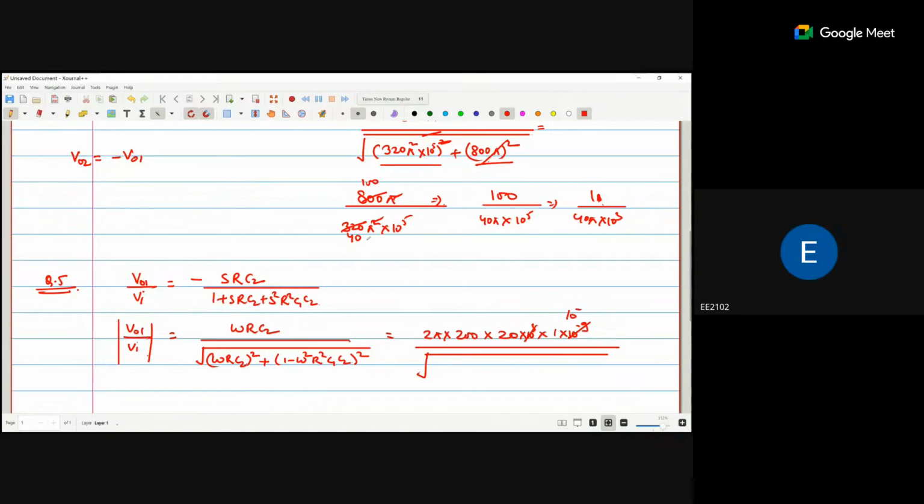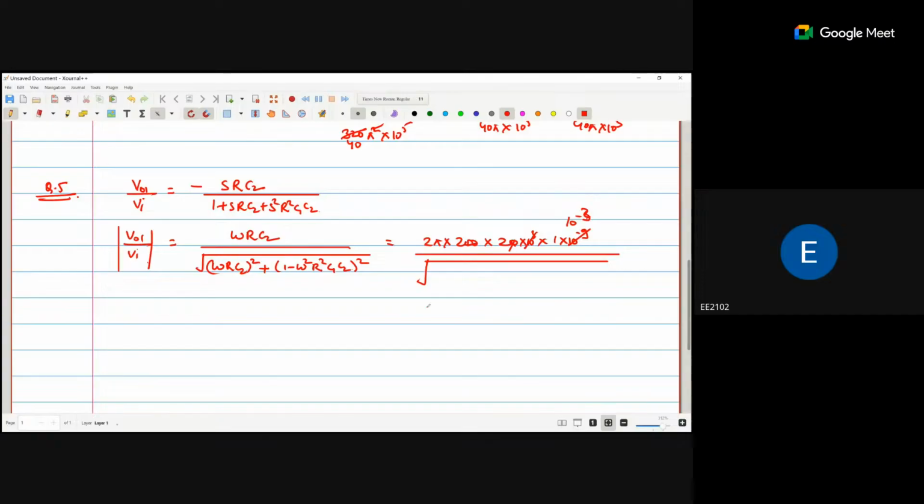So it is 10 raised to power minus 6, 2, 2 and 3 zeros, so it becomes 10 raised to power minus 3. So it is 8 pi into 10 raised to power minus 3 divided by that component.